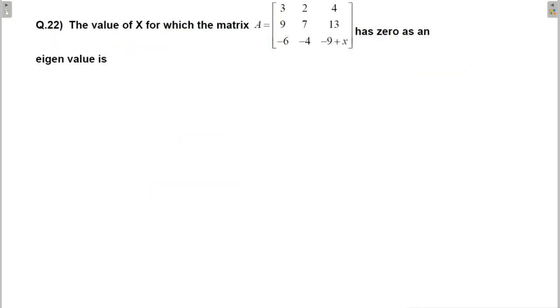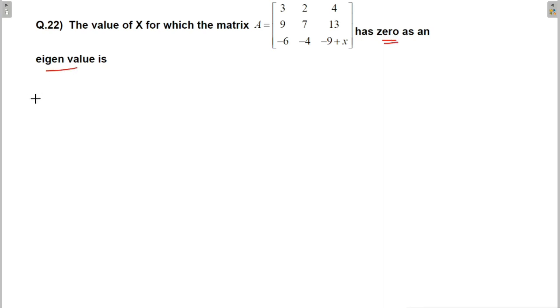So the given matrix is given. In that matrix, 0 is an eigenvalue of the given matrix. 0 is the eigenvalue.